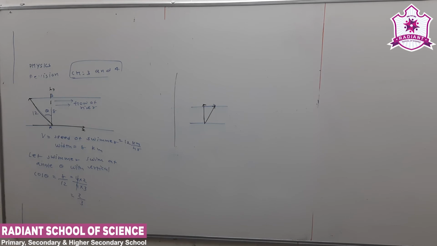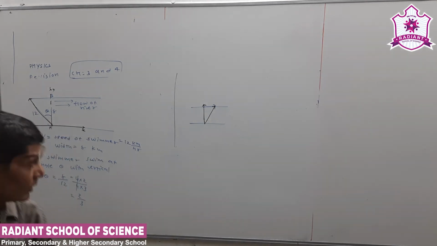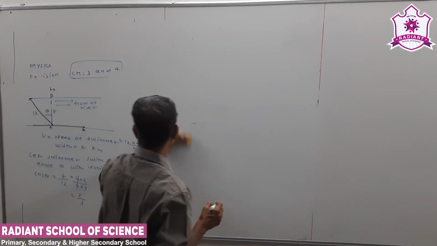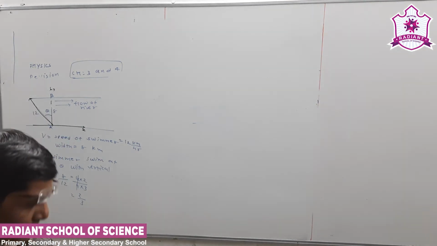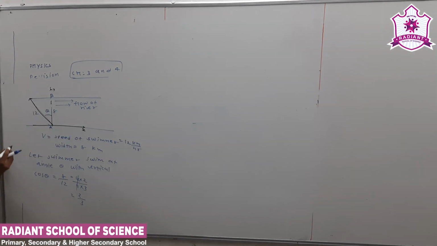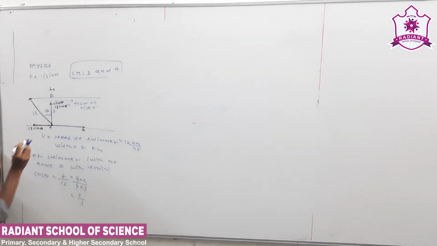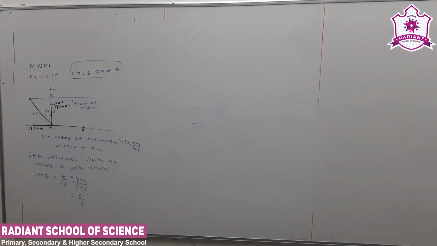Now see, what will be the components of the velocity? This will be v cos theta, 12 cos theta, and this will be 12 sin theta, by the definition of component of a vector.